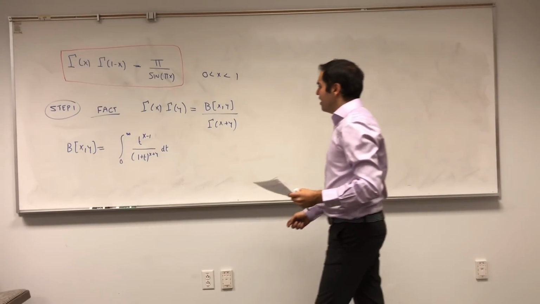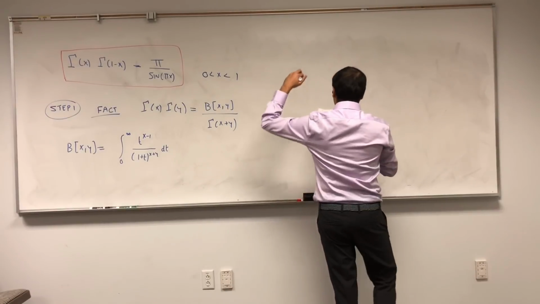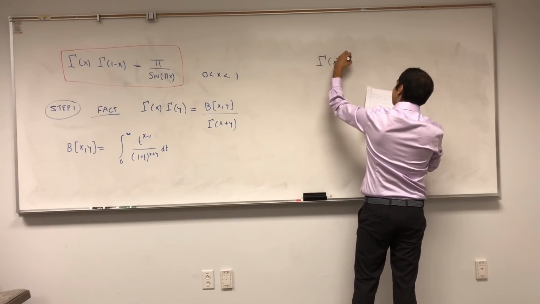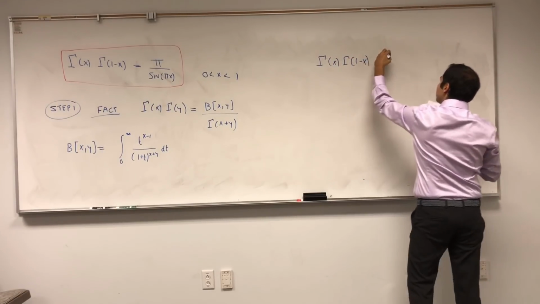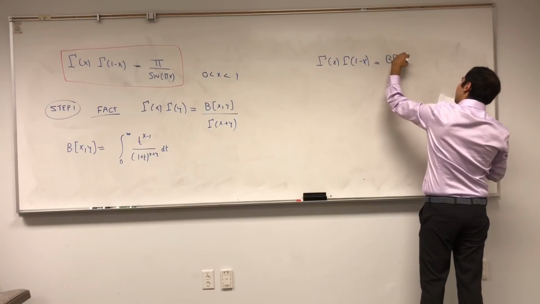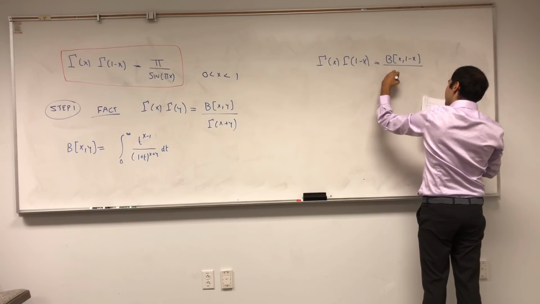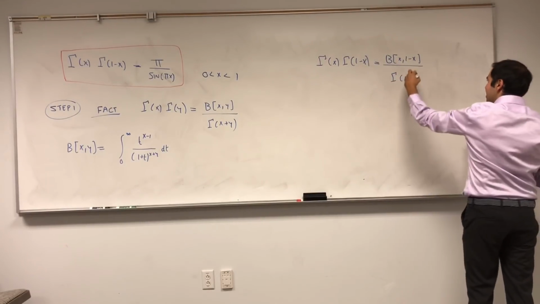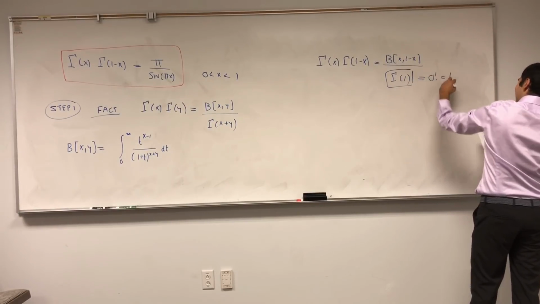Okay, in particular, let's see what happens in our calculation. Gamma of x times gamma of 1 minus x then becomes beta of x comma 1 minus x over gamma of 1, because the sum of those two is 1, and gamma of 1 is the same as 0 factorial, and that's 1.